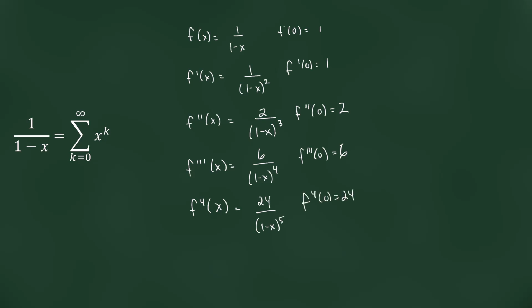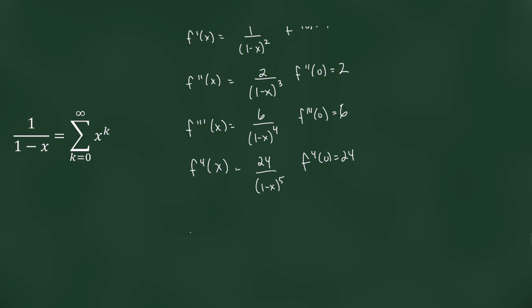So what we're seeing here is that f to the n of x looks like n factorial over 1 minus x to the n plus 1, and that f to the n, this is nth derivative, not nth power, of 0 is then going to be n factorial.